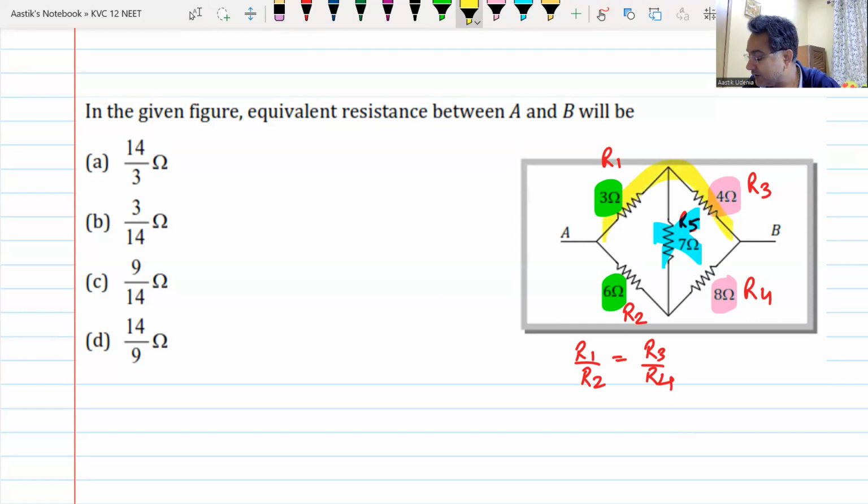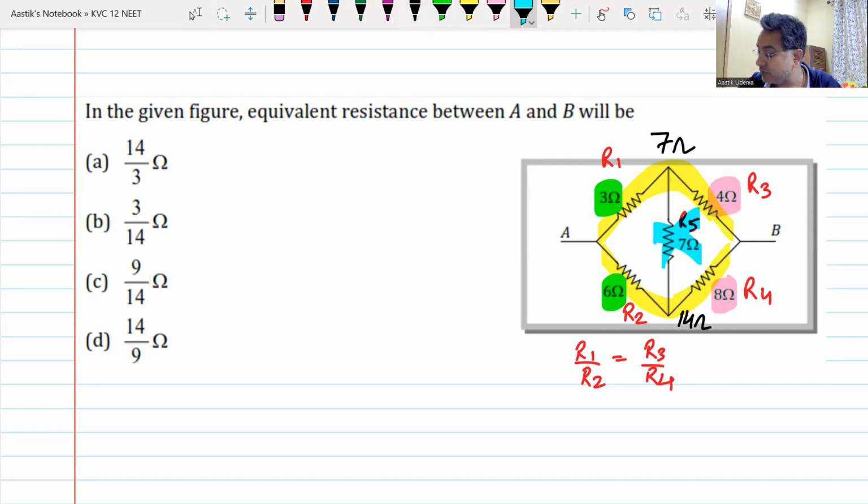Then this 3 and this 4 come in series. 3 and 4 in series becomes 7 ohms. This 6 and this 8 will also come in series. That will become 14 ohms.